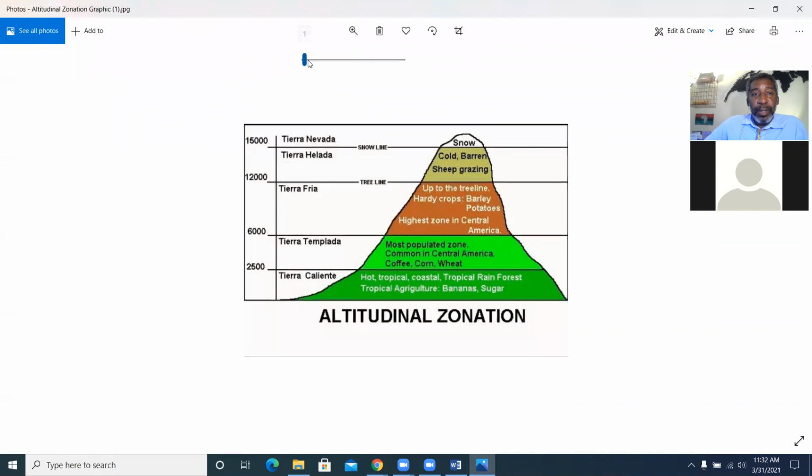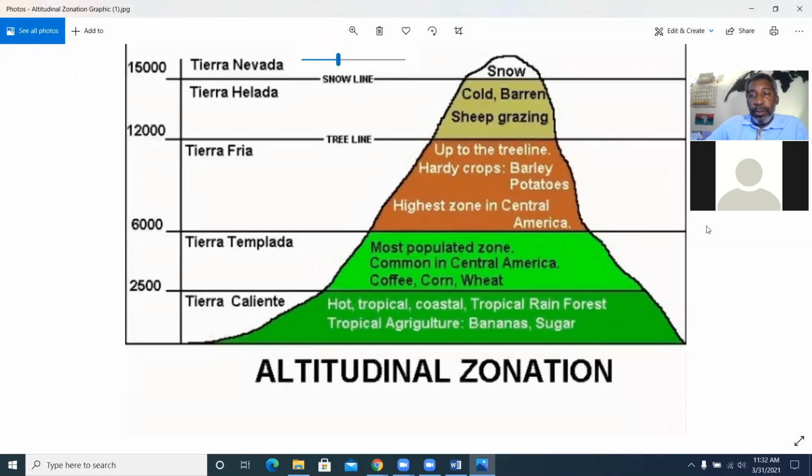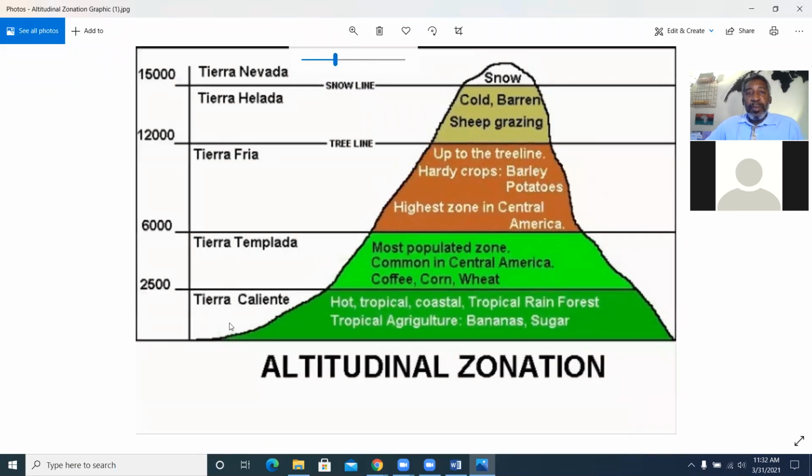But in simple terms, altitudinal zonation is when we have different climate zones forming at different altitudes in places where elevation is high, let's say, or relatively high.